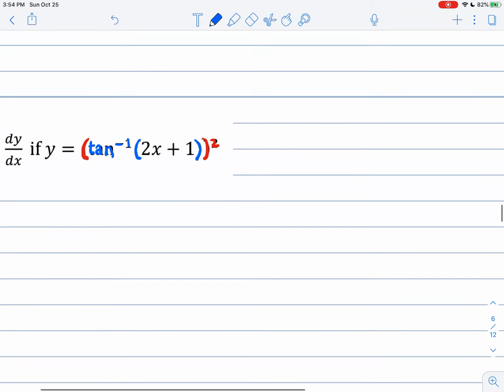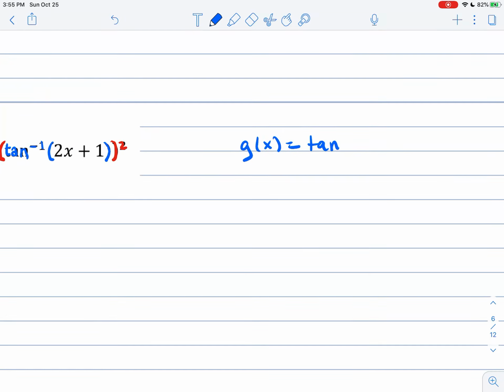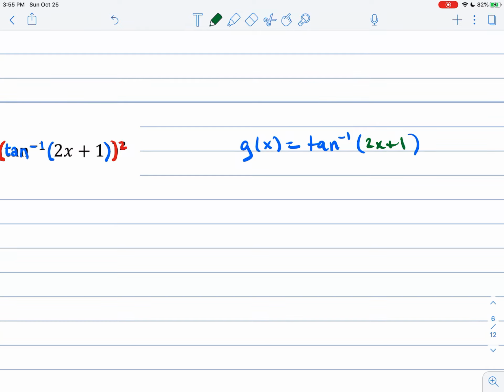And it might be helpful to find that derivative first. Good. So let's say, for instance, my g of x is going to equal the inverse tangent of 2x plus 1. So what's my g prime?